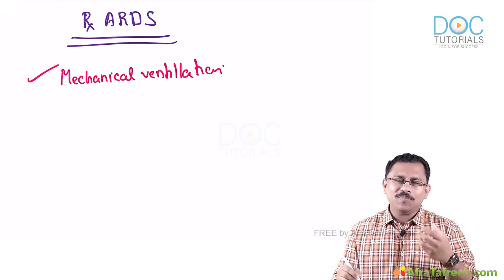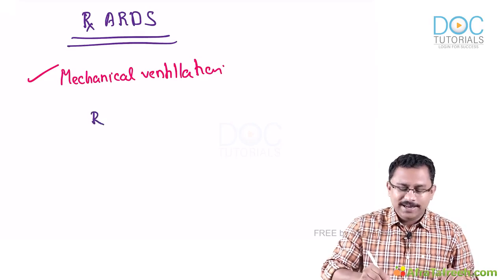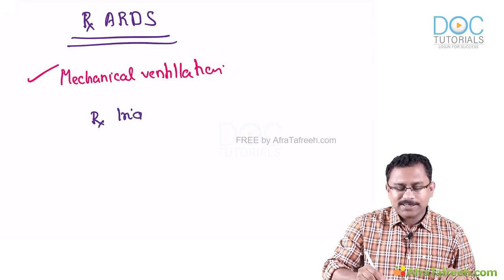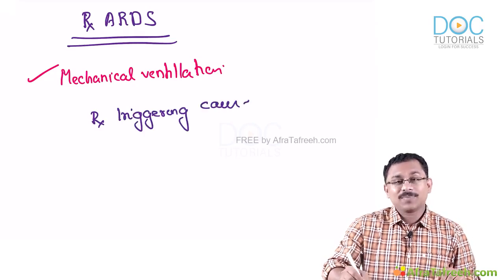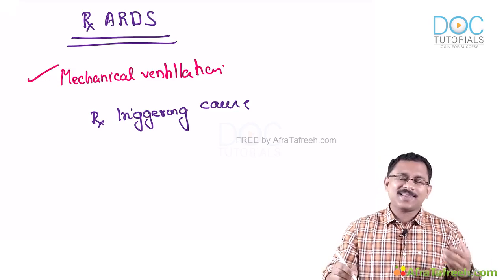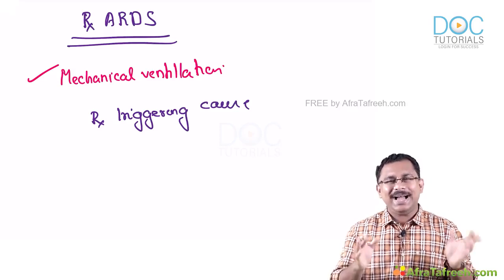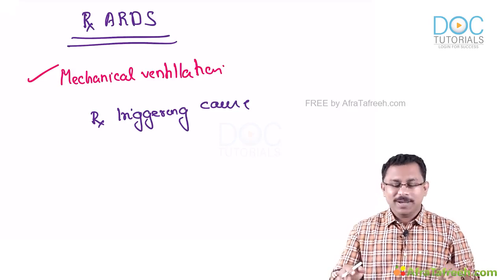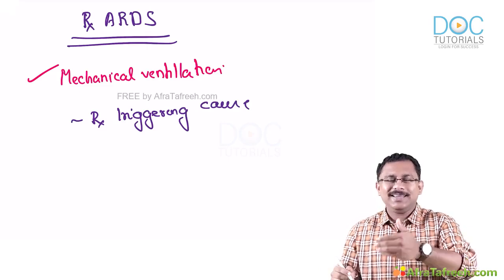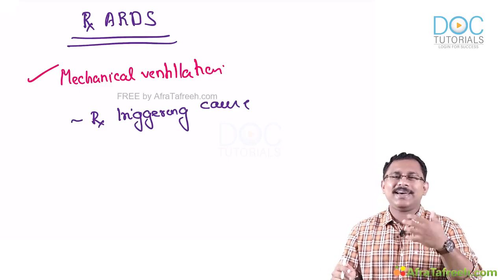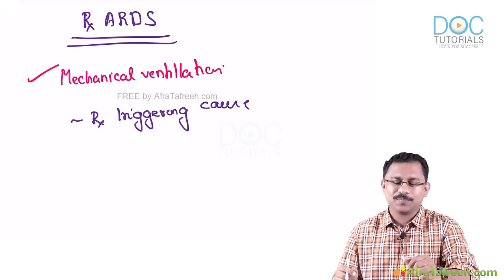Now, when you want to manage ARDS, definitely you have to treat the triggering cause, because sometimes it might have been a pneumonia, sepsis, pancreatitis, or maybe burns. So along with taking care of the airways, you've got to take care of the triggering cause as well.